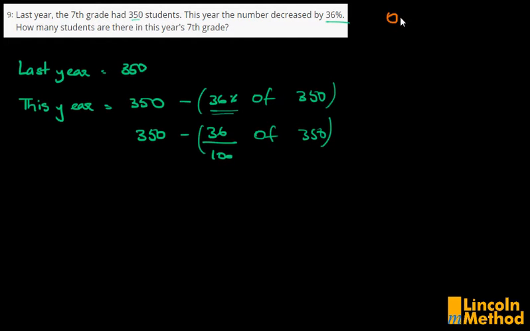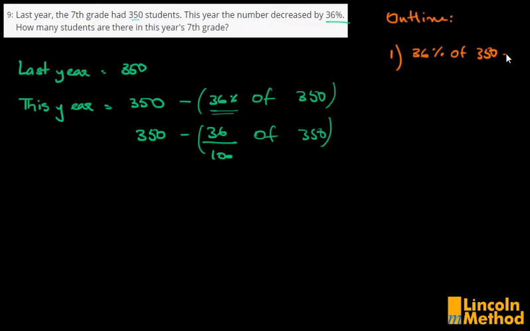Now before we move on to working out the solution of this question, let's discuss the outlines first, as in how are we really supposed to solve this question. So the first thing that we're required to do is find 36% of 350.